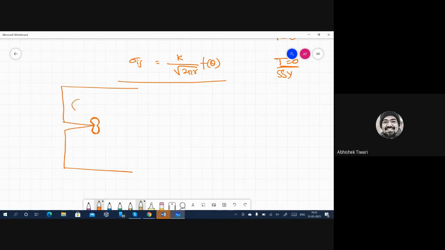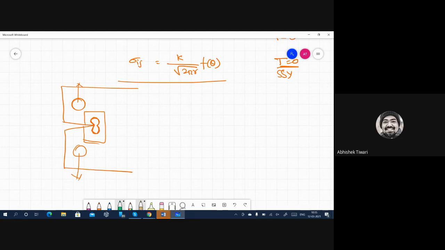So if I have to perfectly model this and want to represent reality, I will have to put holes, I will have to put rigid pins inside it, I will have to define a contact between pins, then I will have to apply this opening, and then I will have to mesh it, and I will have to control meshing, and I have to do a very refined mesh here. Okay, and there are different types of meshing schemes at the crack tip. Too many complications if I want to do this. Can I make it simpler?